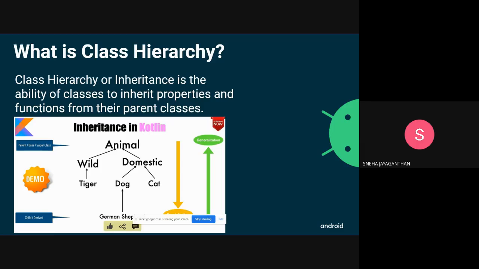There are many properties in classes Wild and Domestic that will be common to the class Animal. So instead of writing the code again, we can have some functionality to access the properties that are common in both of them. That is the basic concept behind inheritance. It's the ability of the classes to inherit and use the properties and functions of their parent class.